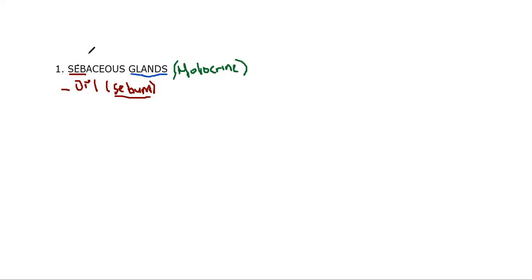So when you think of sebaceous glands, the glands that release oil, you think of what is that one thing that has oil in my body when I'm undergoing puberty. Then you think of a pimple.